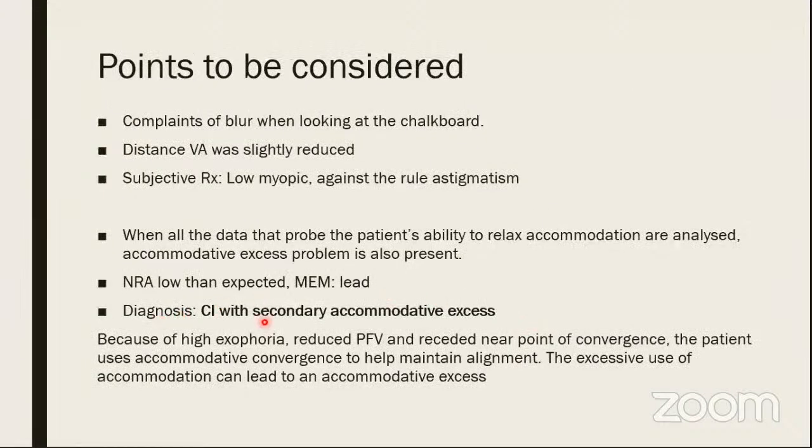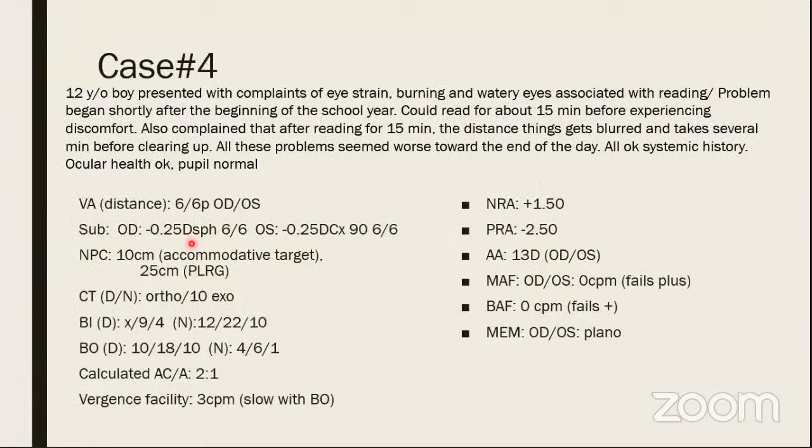So this is actually a case of convergence insufficiency, but associated with secondary accommodative excess that has led the patient to become small myopic. Again, the refractive status of the patient is small myopic.